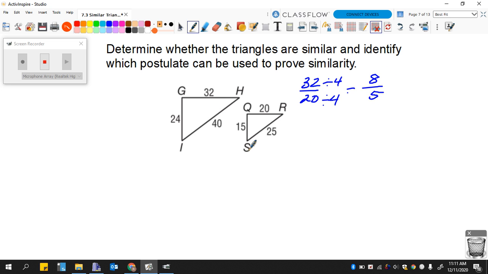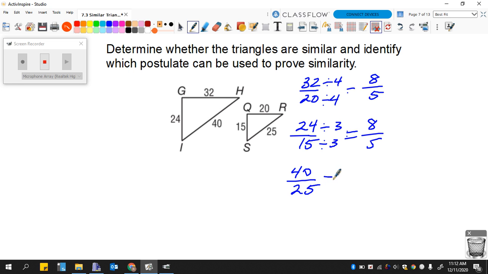Then 24 over 15 reduces by 3: 24 divided by 3 is 8, and 15 divided by 3 is 5. So this is looking pretty good. And 40 over 25.